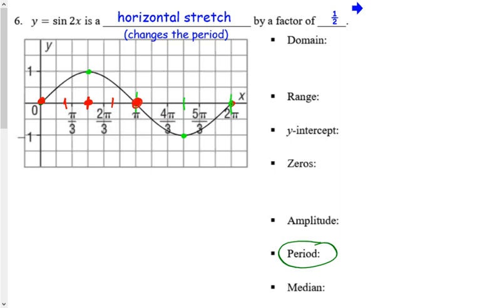It starts by curving up, so it'll be at a maximum here, and it'll be at a minimum here. So this would be 1 period for my graph. And then I would just keep that pattern going. So it'll be at a maximum, center line, minimum, and center line.